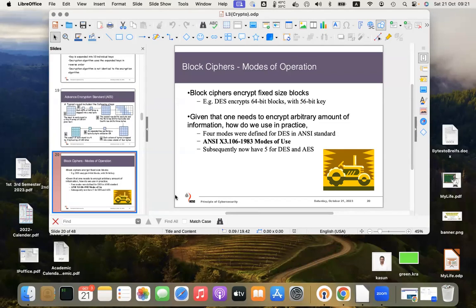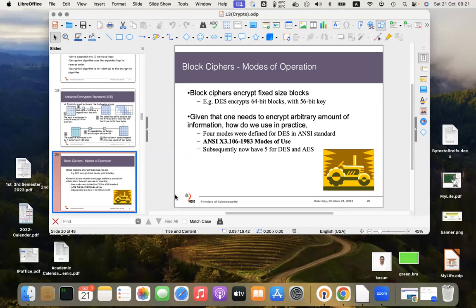We cannot use that. Instead, we have to use the enhanced version of DES called triple DES, or else we have to use AES, Advanced Encryption Standard, with 256-bit keys. Both of them are block ciphers. DES uses 64 bits at a time for encryption. AES uses 128 bits at a time for encryption.